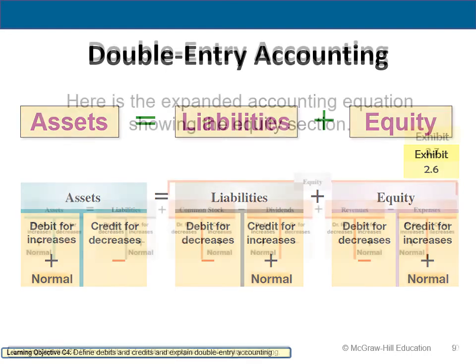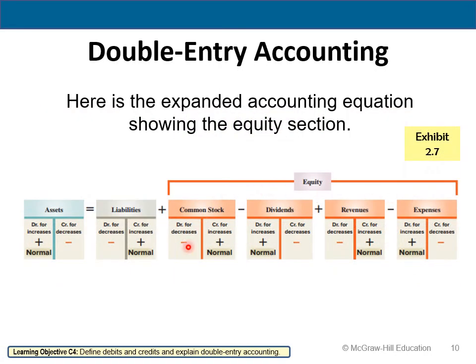We can expand this out a bit further and add more detail to the equity account, because equity is composed of common stock, dividends, revenues, and expenses. All right. So we'll note that dividends and expenses have normal debit balances. All right. And that's why they have minuses in front of them, because they reduce the equity account. Again, this is in the abstract. We will put concrete application to this in class.